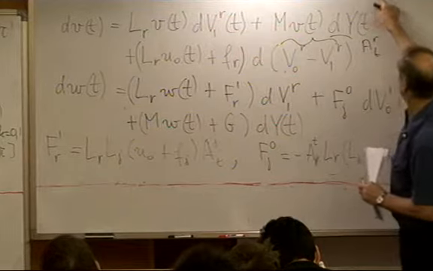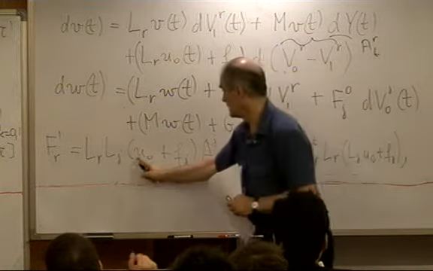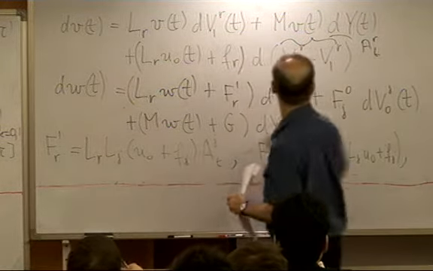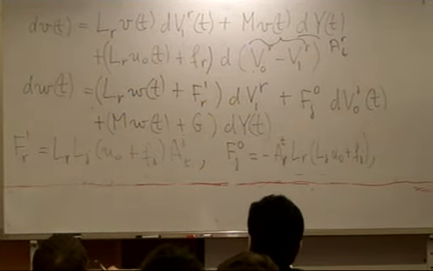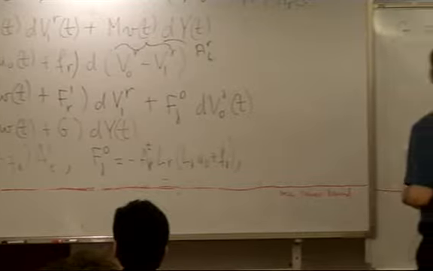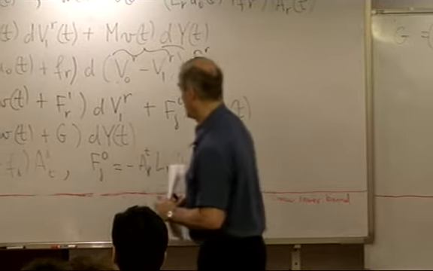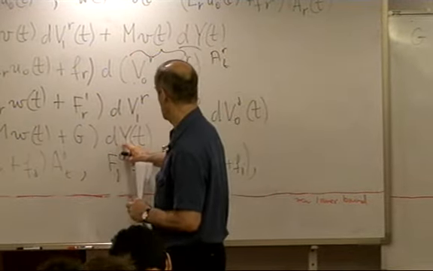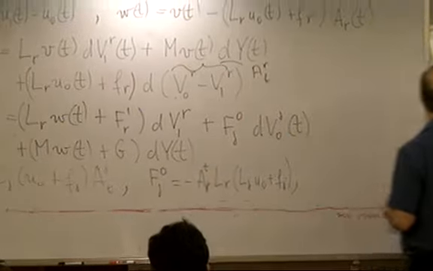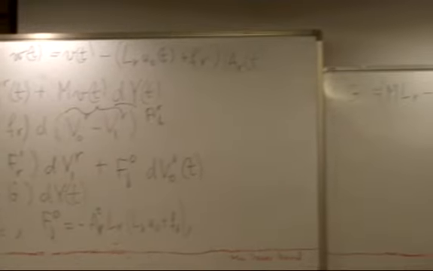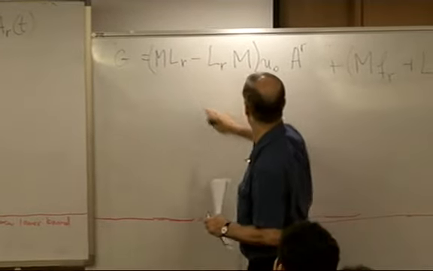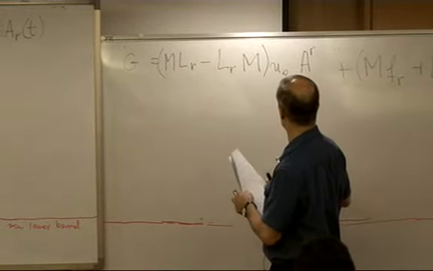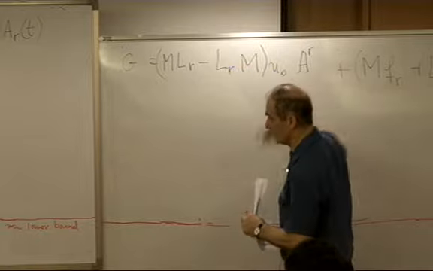LR, and then the differential of U naught is this one. It is multiplied by the A, but also such a term must appear with the Y as well at the G. So this is when M and then LR, right, and then the dy.